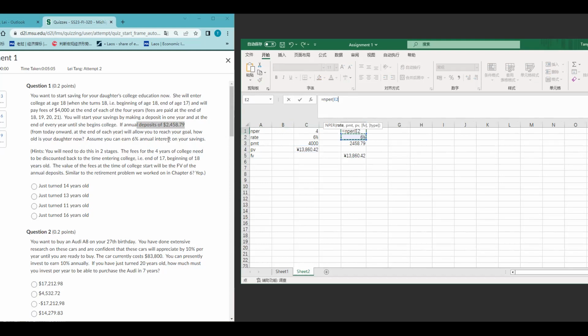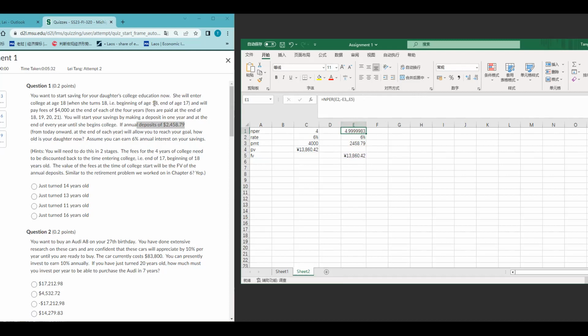Rate 6% annual. PMT is going to be negative. PV 0 and FV, here is FV. So the answer is 4.999, so it's almost 5 years.